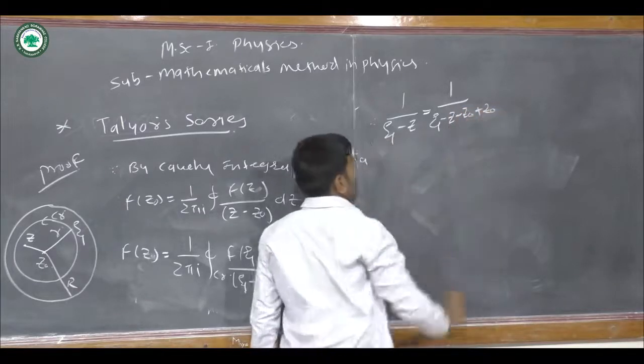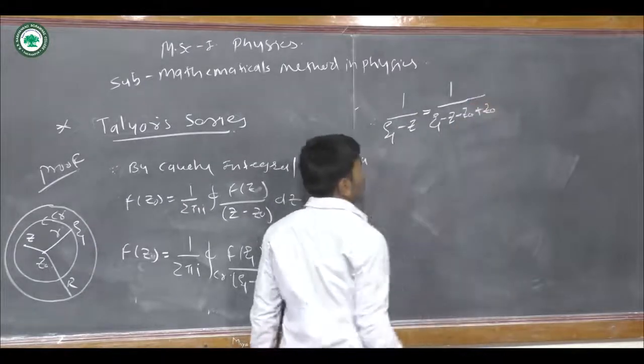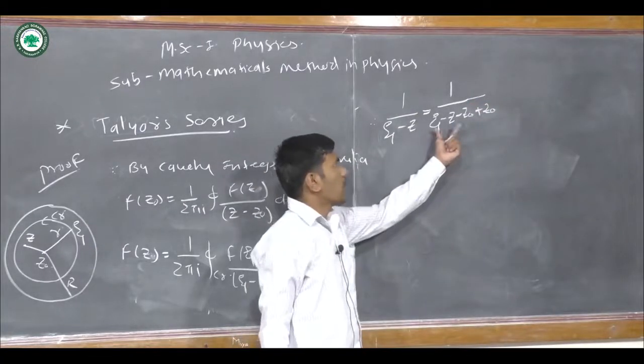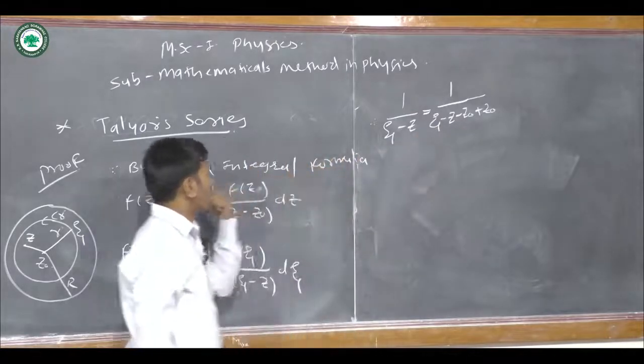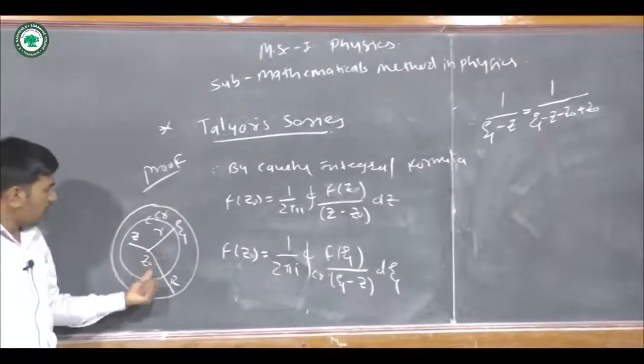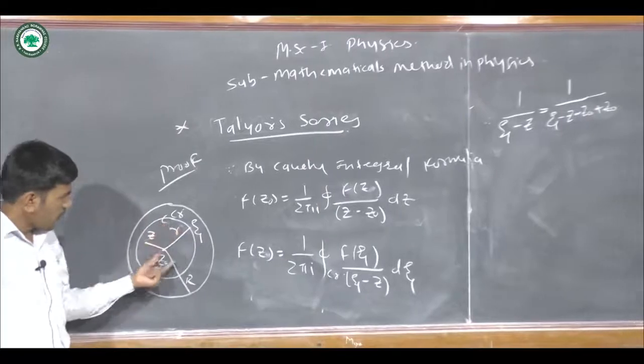Okay, just this z naught, which is the center of CR, I am adding into this expression, because around z naught we may expand the power series.